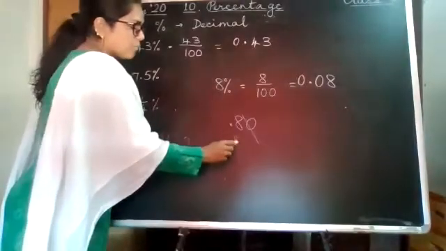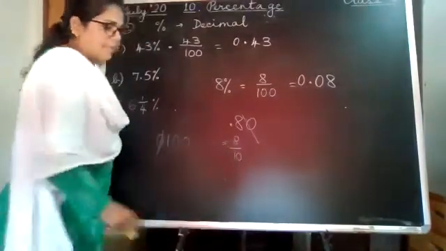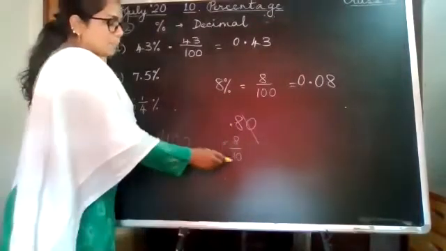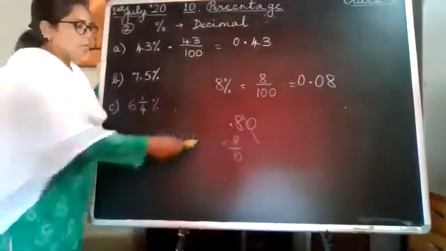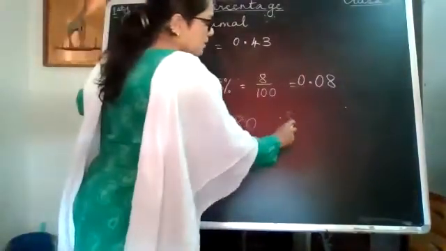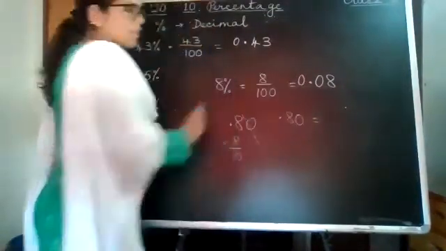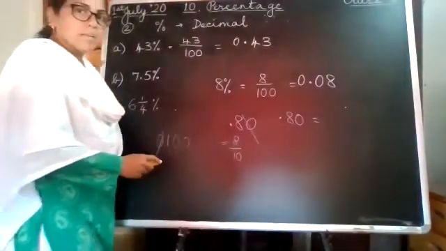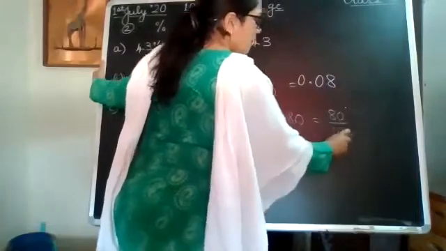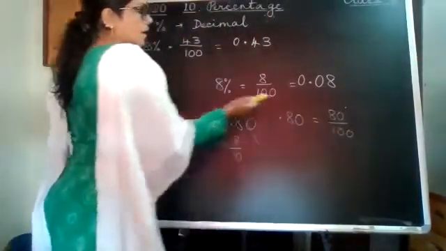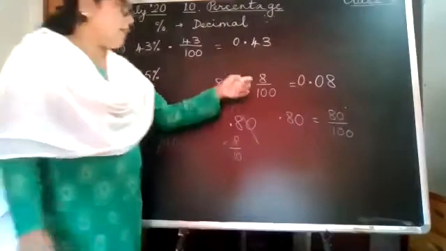0.8 is 8 upon 10. But we want 8 upon 100. So even if you write 0.80, you may say there are 2 digits after the point, but what does that mean? It means 80 upon 100. This is 80 upon 100, and we are interested in 8 upon 100.